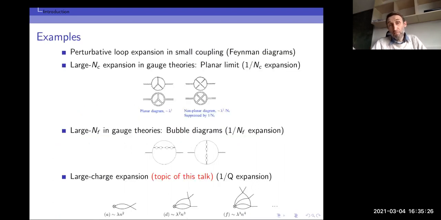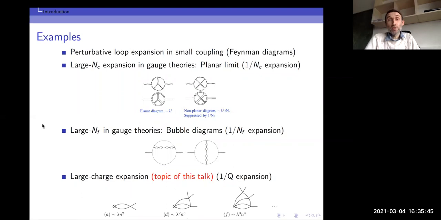So there are various examples known of this perturbative approach. Of course, the perturbative loop expansion in the ħ coupling through the Feynman diagrams is what we all learned from the university courses.